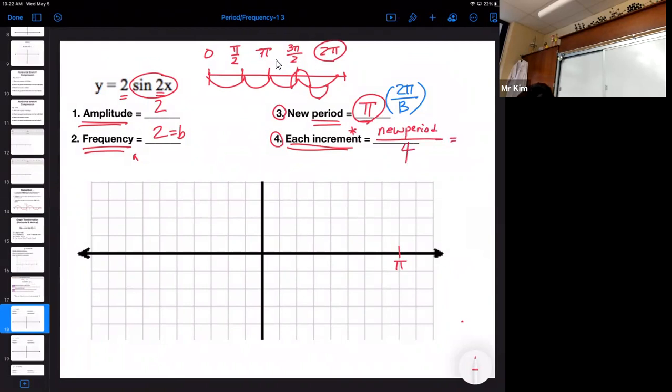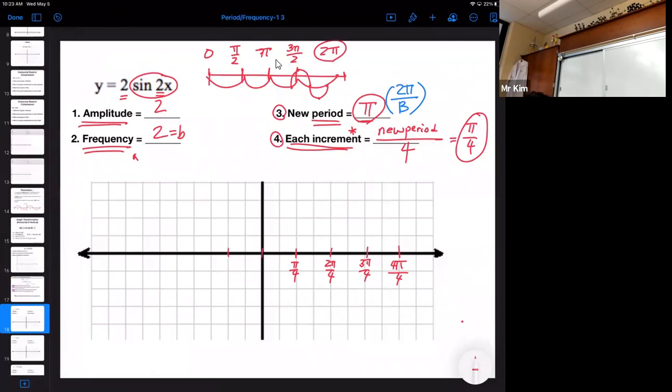Here, my new period is pi, so each increment is going to be pi over 4. So I make the first increment pi over 4 instead of pi over 2. Then 2 pi over 4; you can leave it as pi over 2 instead if you would like to. Then it's 3 pi over 4, and then this technically is 4 pi over 4. You keep on moving in increments of pi over 4. And that's how long it takes for you to alternate among those points: max, middle, and minimum.